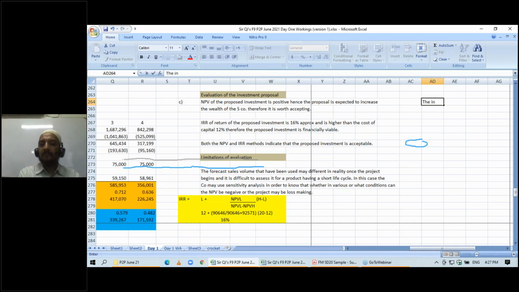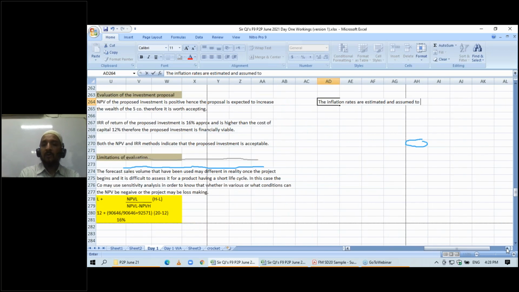The inflation rates are estimated and assumed to be the same during the 4 years of the project.